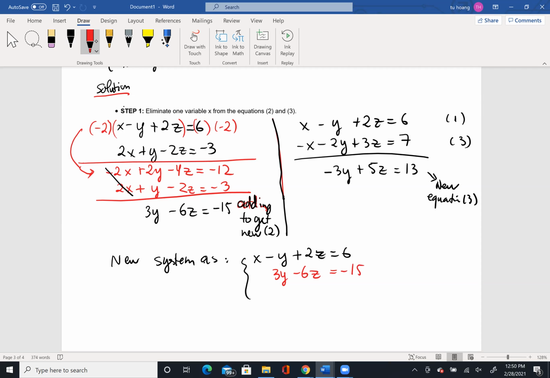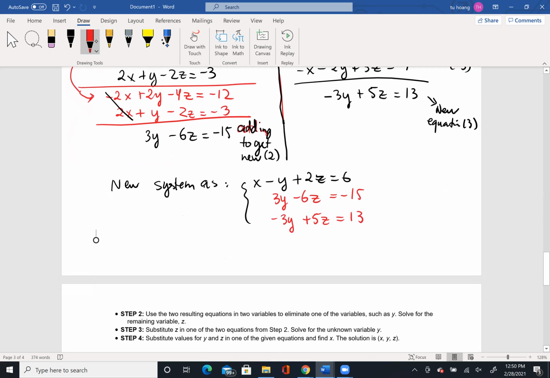And the new third equation will be negative 3y plus 5z equal to 13. Okay, so I'm still going to label that 1, 2 prime here and 3 prime here, right?